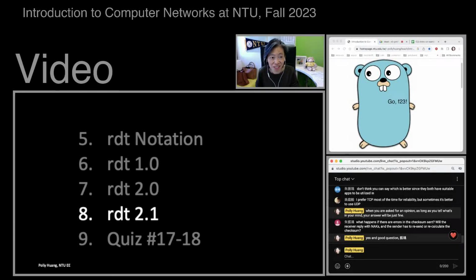All right, so that was 2.0. So far, so good, I hope. The next generation, 2.1, is to address this issue. In 2.0, we assume that there could be bit errors, but only in data. These ACK packets and NAK packets coming from the receiver, can there be errors?